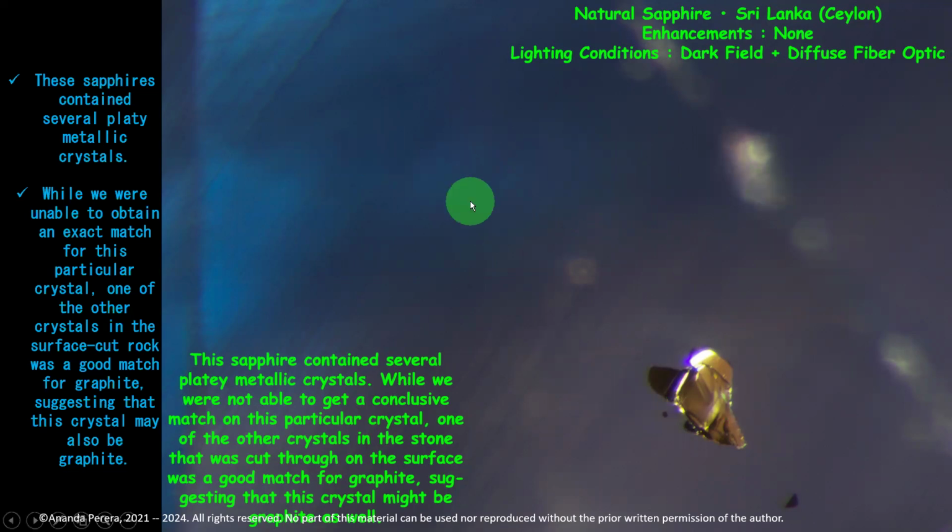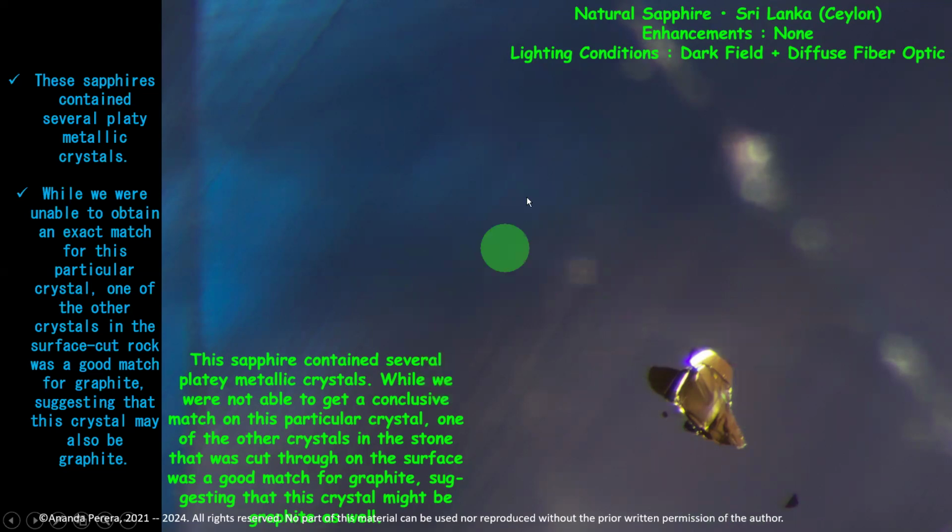These sapphires contain several platy metallic crystals, plate-like metallic crystals. While we were unable to obtain an exact match for this particular crystal, nowadays we have identified this as graphite, match with the graphite. So this is graphite crystal.